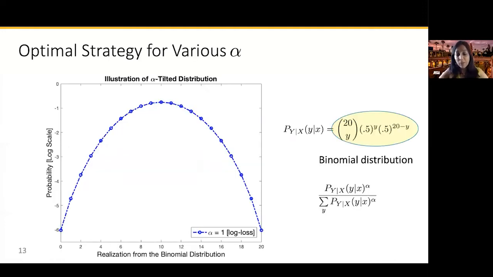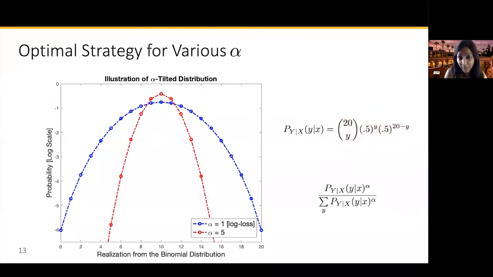So pictorially, let's look at Y, the variable we want to learn. Y is binomial, so it has 20 values, and this is the true distribution of Y, conditioned on X, of course. If you were in the log loss setting, this is what, in an ideal world, if you had the distribution, you would estimate Y from X. As alpha increases, the distribution puts lower and lower weight on the low probability events.